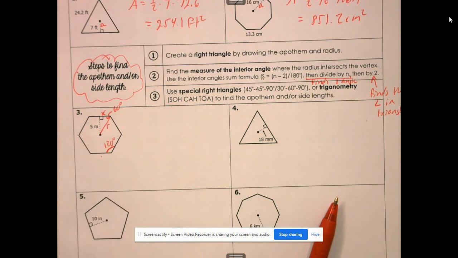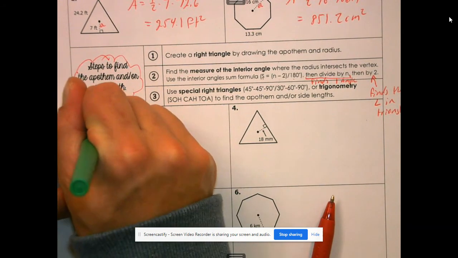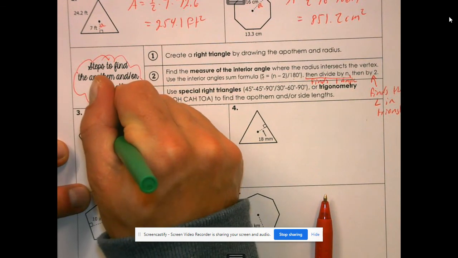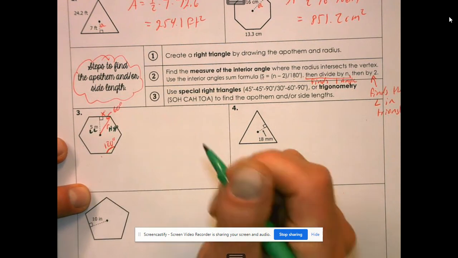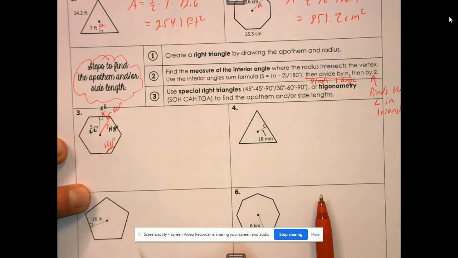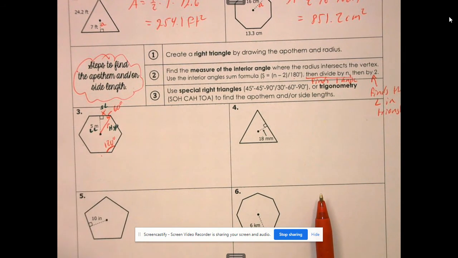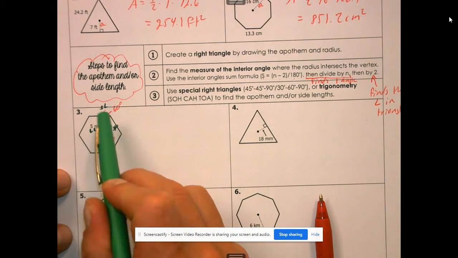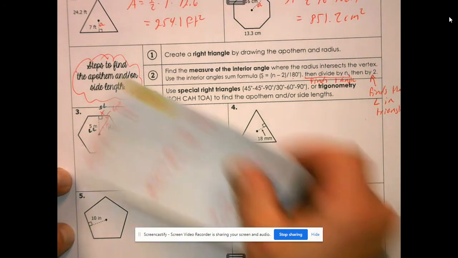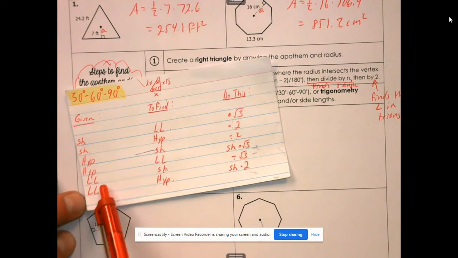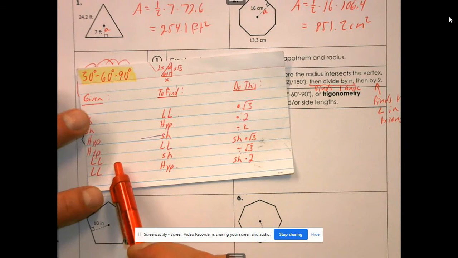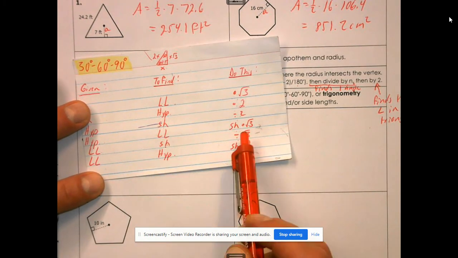So another color, 5 is your long leg. Your radius is the hypotenuse, and x is your short leg. So given long leg needs short leg, what do we do? Given long leg needs short leg, divide by square root 3.